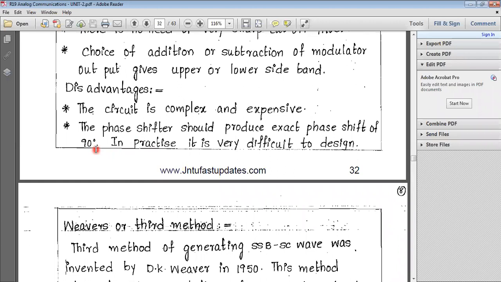The signal should be 90 degrees out of phase with the original signal, but practically it is not possible. It is difficult to design a circuit that generates a 90 degrees out of phase signal. That's why this is one of the drawbacks of this technique.